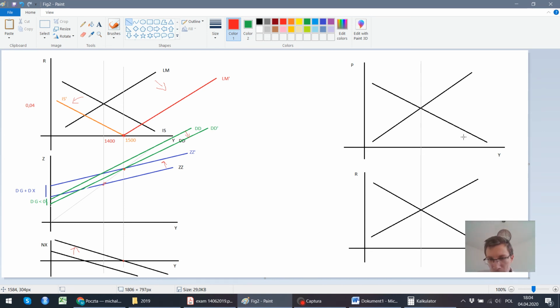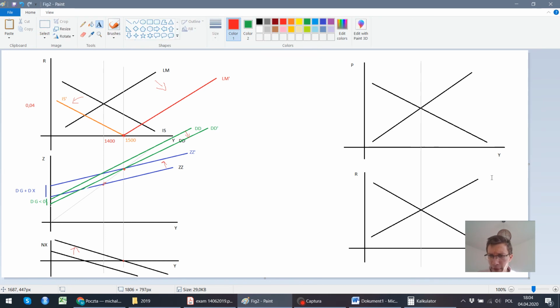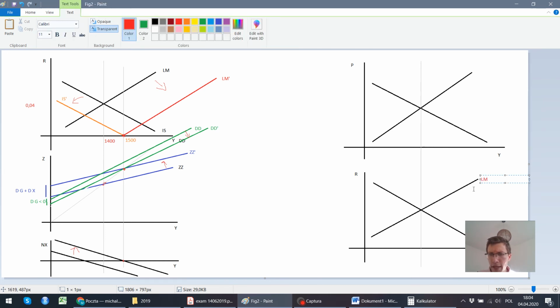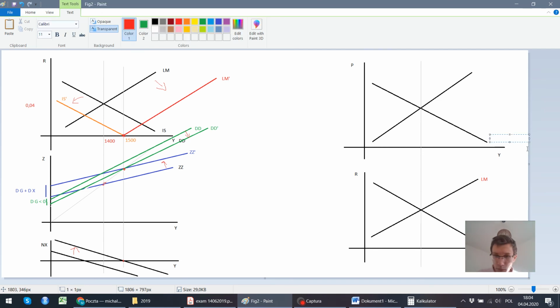after the monetary policy. So here we have the standard ISLM short run scheme. We have the IS curve, we have the LM curve that is increasing, and here we have the ADAS space with prices and output. So we have a downward sloping AD curve and an upward sloping AS curve. The initial level of output, so the initial equilibrium, is 1460.